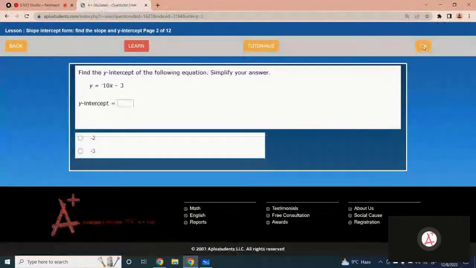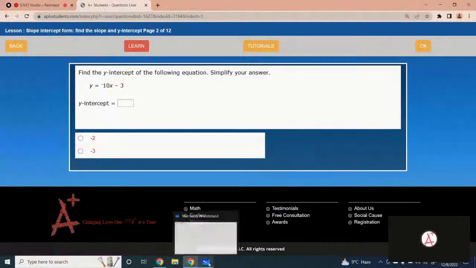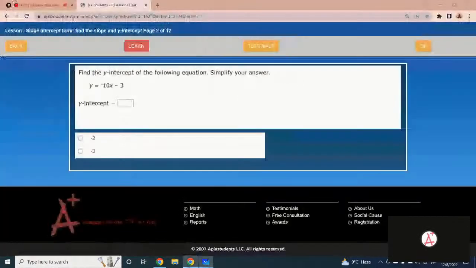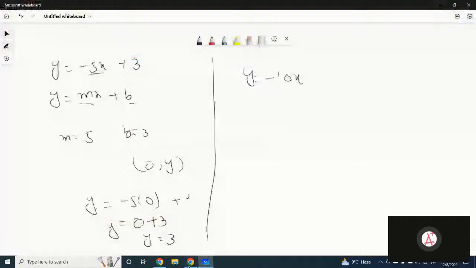Okay, the next one is y equals -10x -3. Which one is the y-intercept? The equation is y equals -10x -3. You have to find the y-intercept. Got it? The simplest way is to compare the equation with the general form of the slope intercept form equation, y equals mx plus b.